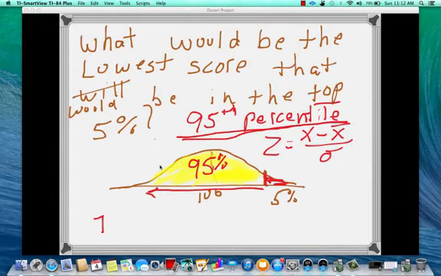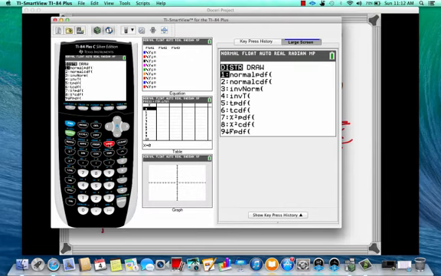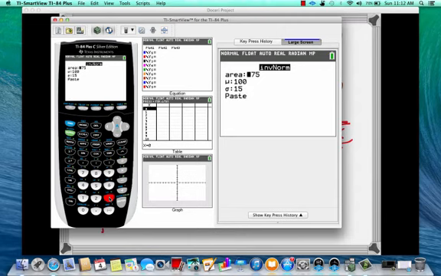So I'm going to go ahead and do that on the graphing calculator. Let's bring it back up. We can clear that. So we go second, vars, which is actually right here, distribution. So you'll see that. Go to inverse norm. I'll just hit the number 3. Takes me right to it. Now you can actually type on your keyboard on the computer. I'm not going to do that. I'm just going to push the button.